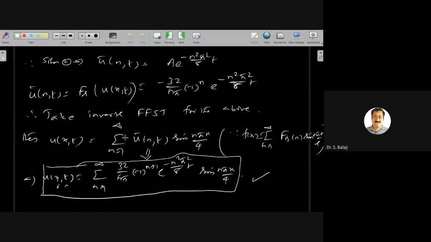You know that the inverse finite Fourier sine transform is in terms of summation: f of x equals summation n equal to 1 to infinity fs of n sin n pi x by L. Instead of f of x, u of x comma t, and instead of fs of n, u bar of n comma t. So u of x comma t is equal to summation n equal to 1 to infinity u bar of n comma t into sin n pi x by 4, since L equals 4.